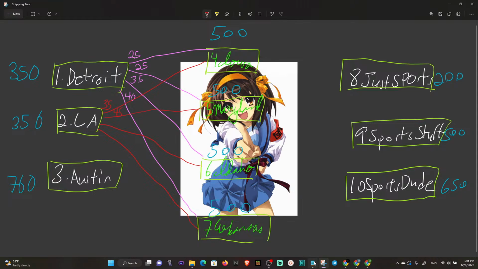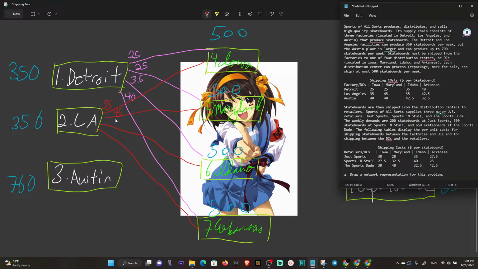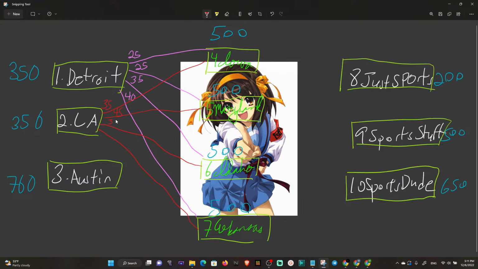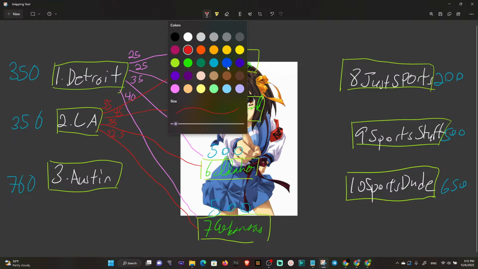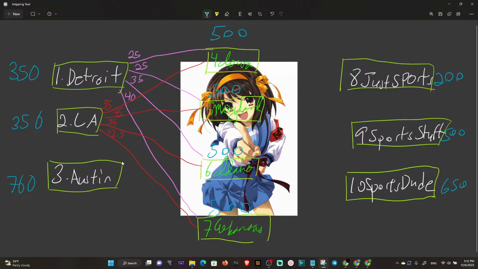I hate smart fill, don't you? 42.5. And then for here, we're gonna use teal to connect.